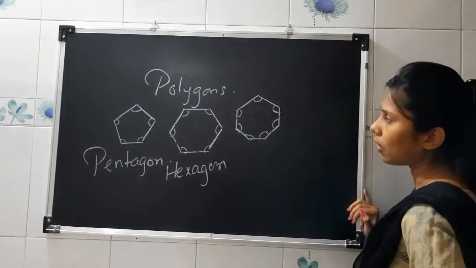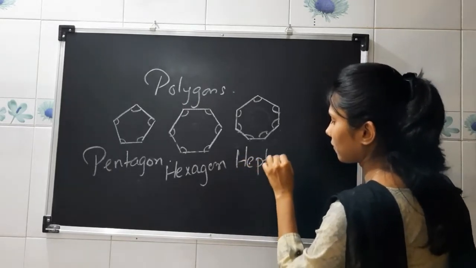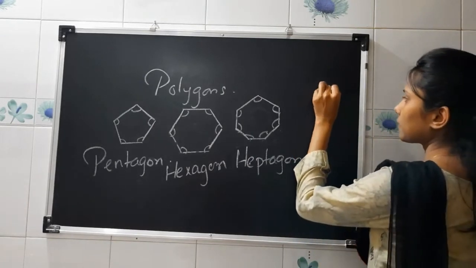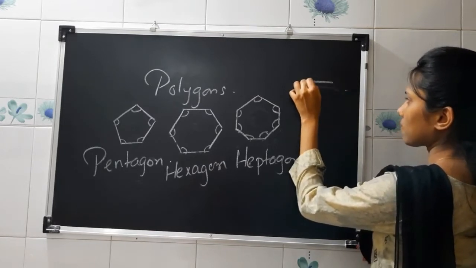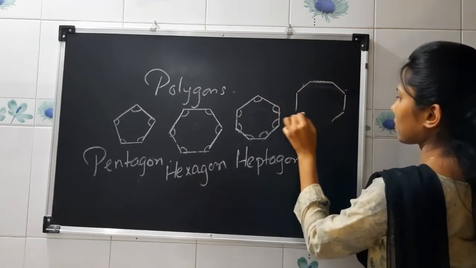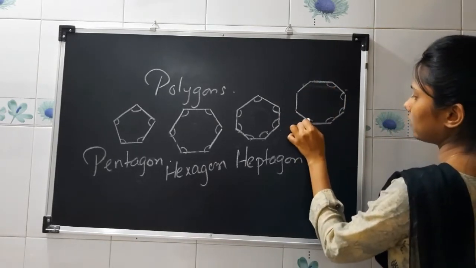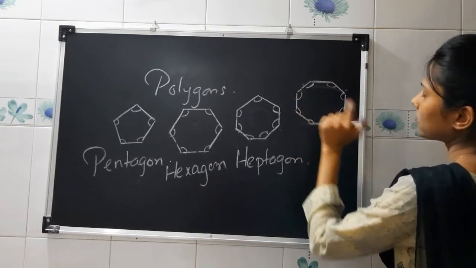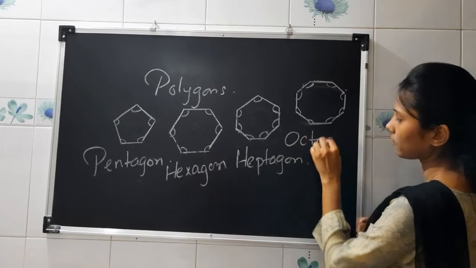So the polygon with 7 sides and 7 angles is called a heptagon. And last but not the least, the polygon with 8 sides and 8 angles is called an octagon.